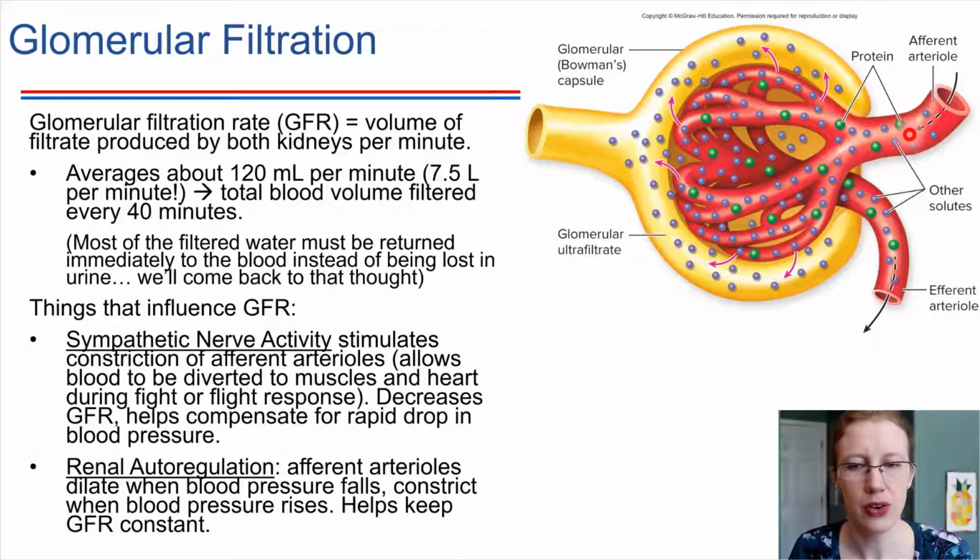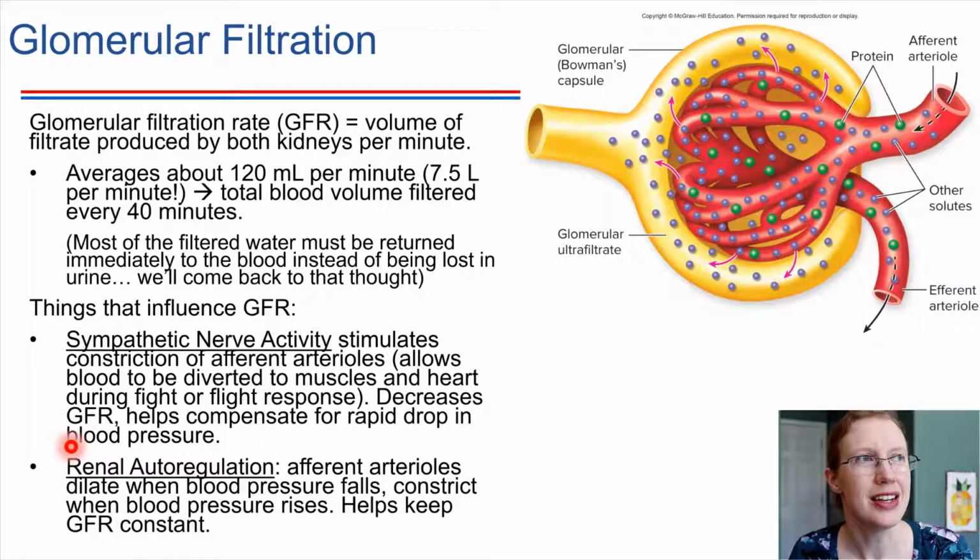And then, built within the kidneys, there are auto-regulation mechanisms in place. This is important for helping to keep the glomerular filtration rate constant or approximately constant. So right within the kidney, what can happen is if the kidneys detect a drop in blood pressure, for example, or a rise in blood pressure. Let's go with a drop in blood pressure.